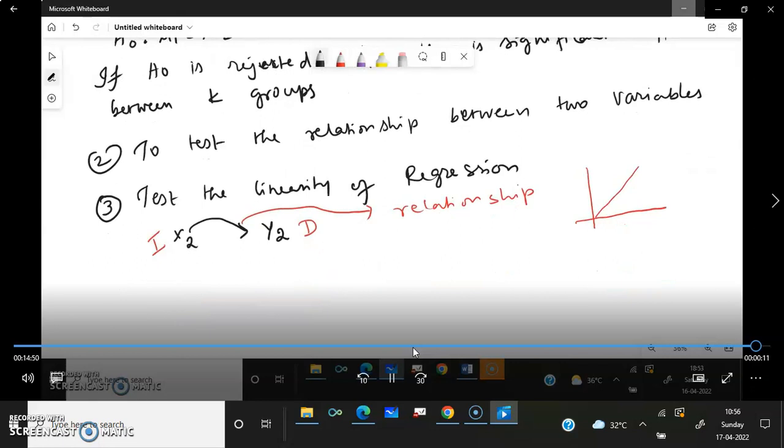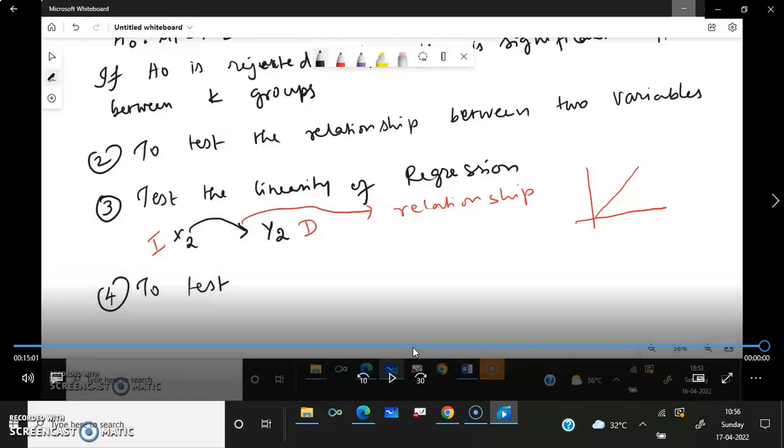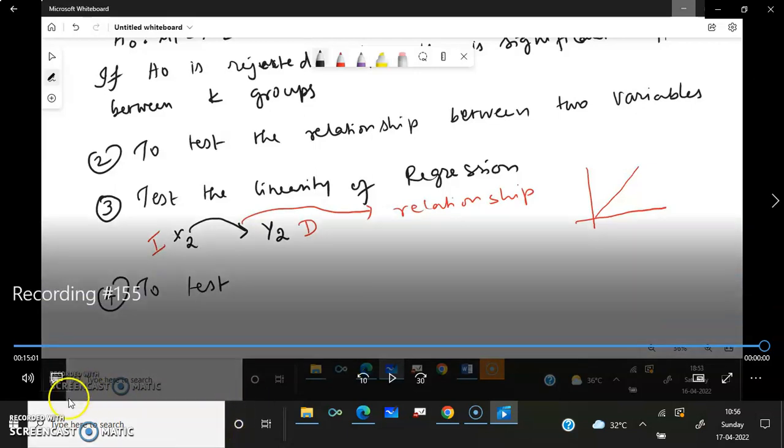So this linear relationship we are trying to establish, that is yij equal to mu1 plus something like cij into k, which is the same as y equal to mx plus c. Okay, these are the things we can do using ANOVA. The fourth one we will see in the next class.